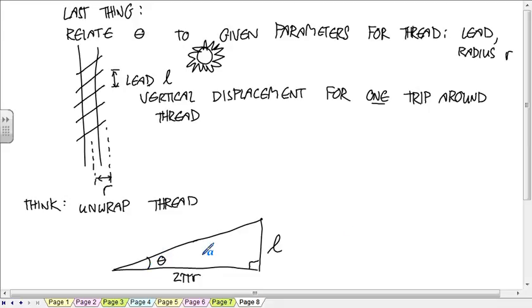And that angle that you want then is the inverse tangent of the lead over 2 pi r.